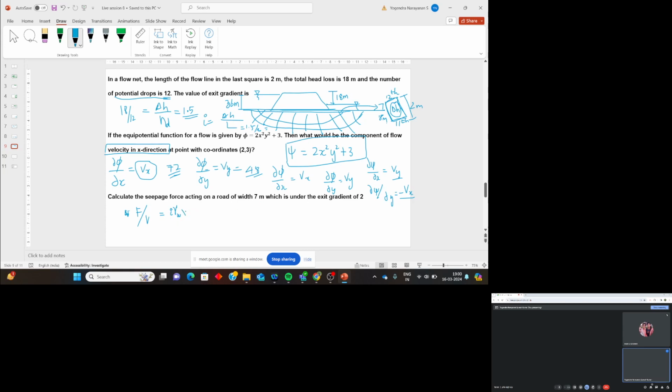You have the length here into B. It will be force is, how much are you getting here? You take gamma W as 10. 9.81, gamma W is 10. Okay. Where width is 7. Okay.